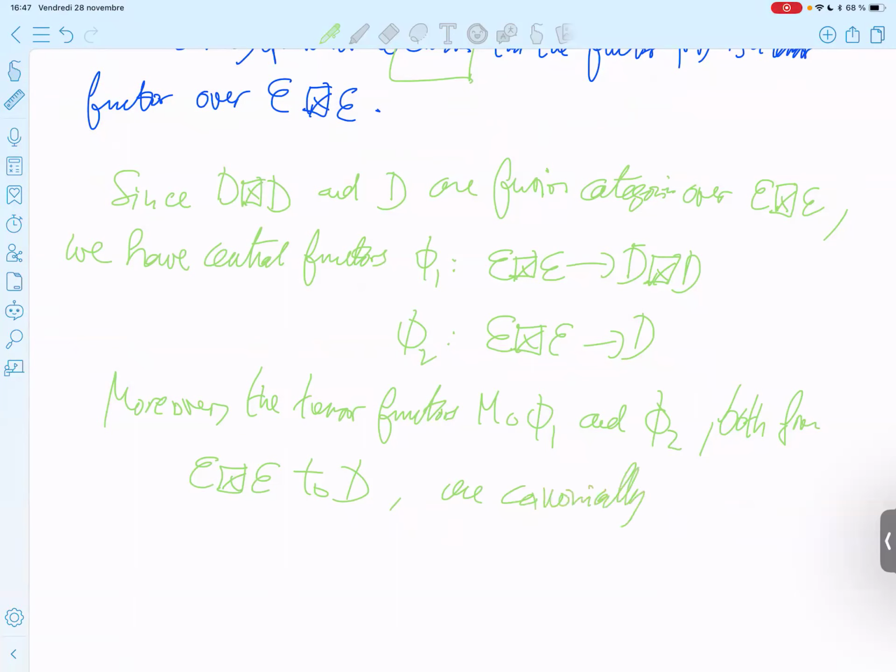Canonically equivalent, because isomorphic.